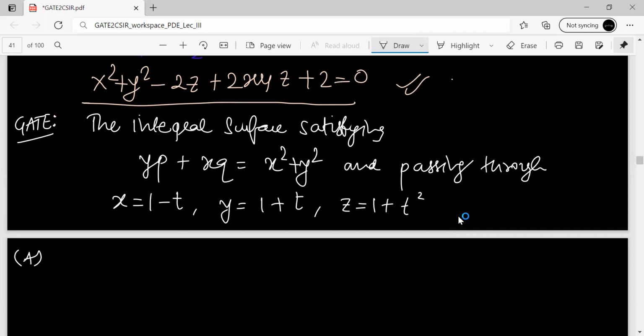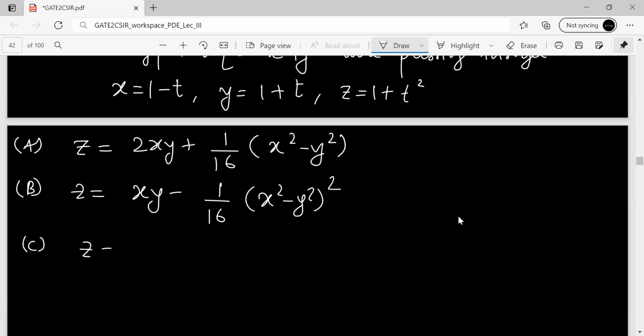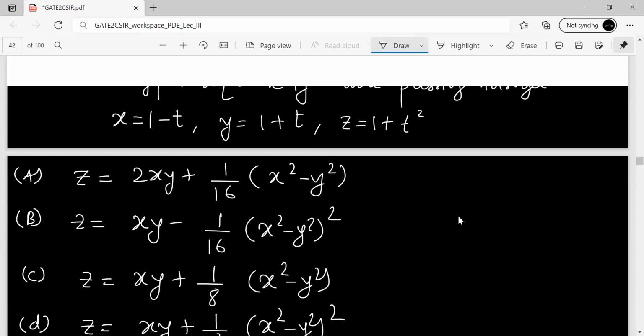So now the options are option A, option B is z equal to square by 16 times square plus 3 times square plus 1 by 8 times. So there are four options.